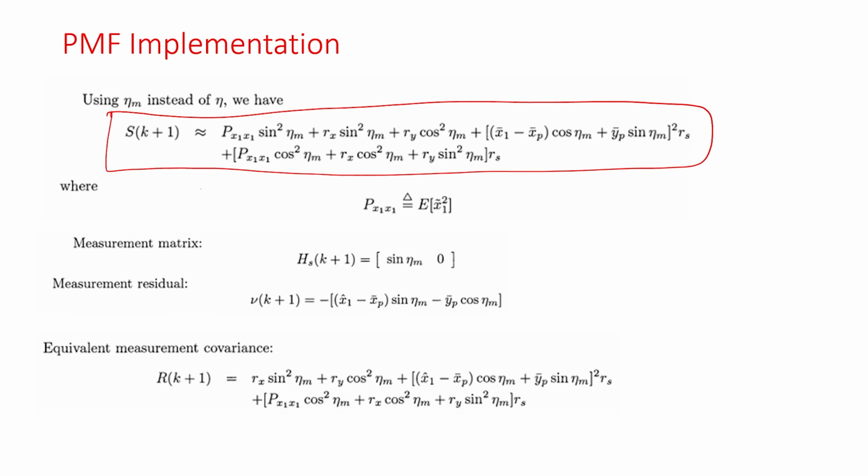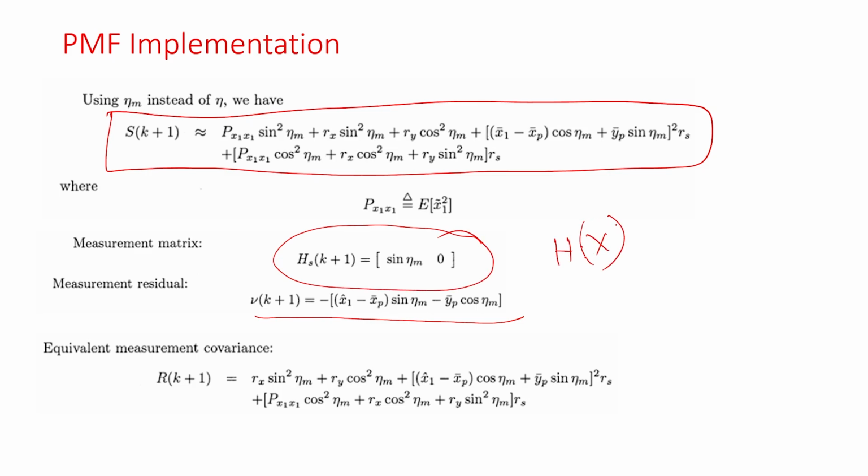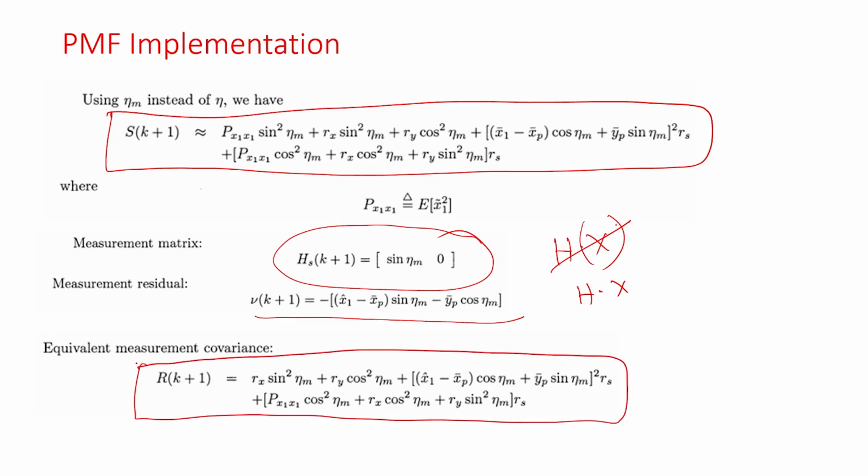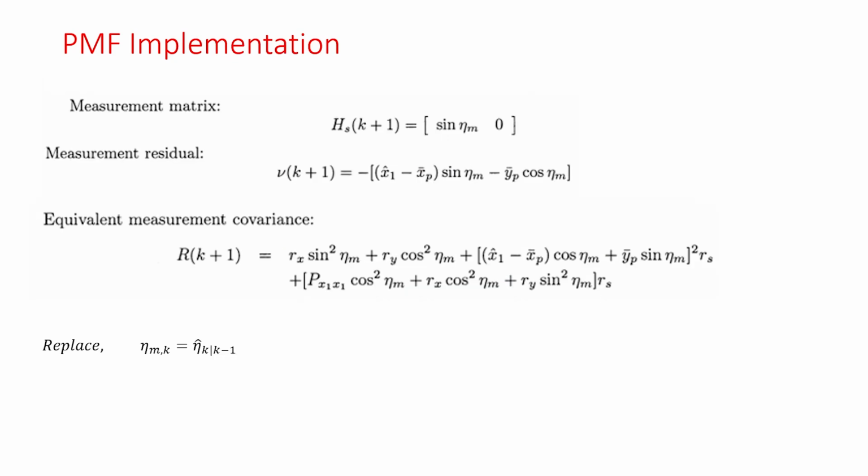Again, I am telling you, once you have done this, this is actually your H matrix, because you have to write it as H into X. Not H as a function of X, you have to write it as H into X. So you get the H matrix like this. With this, your R matrix becomes this equation, and for your CPMF implementation I get a linear H matrix.